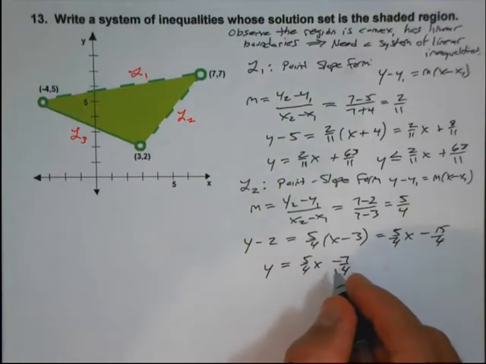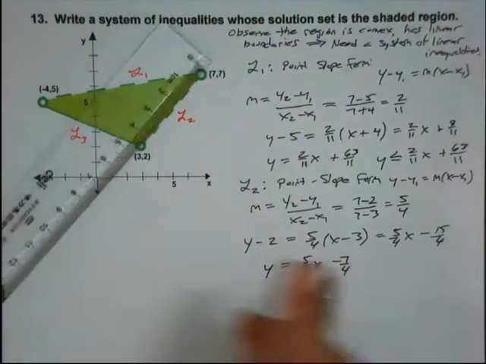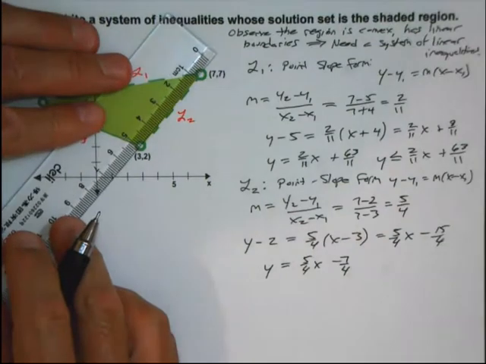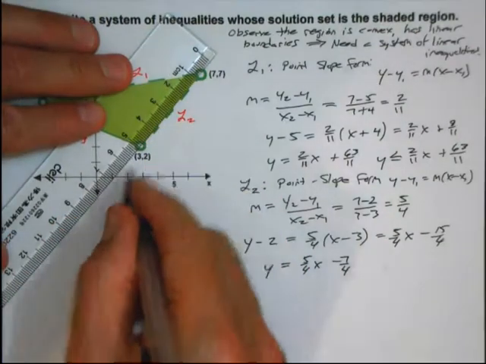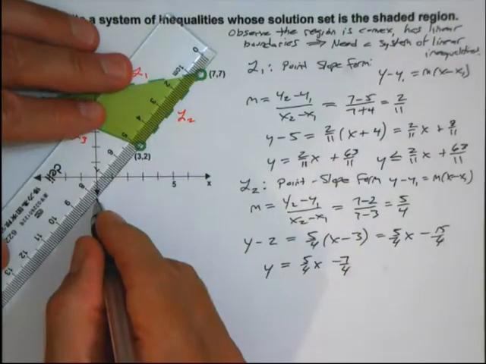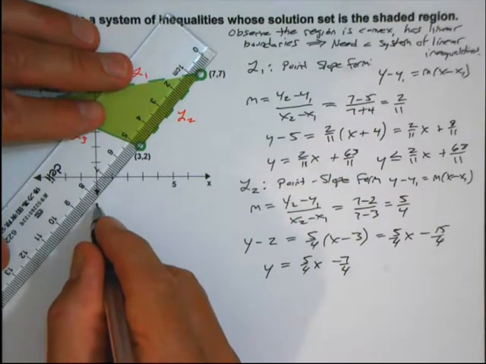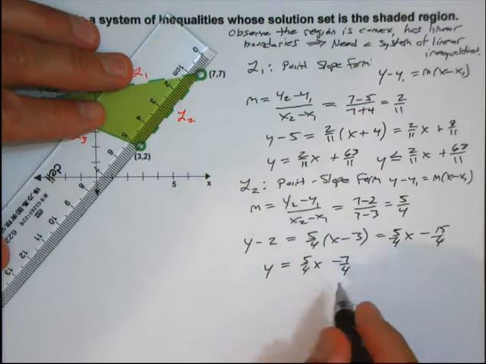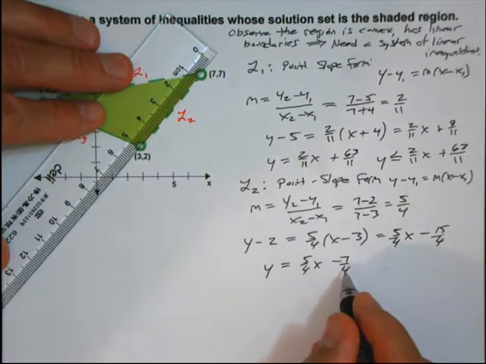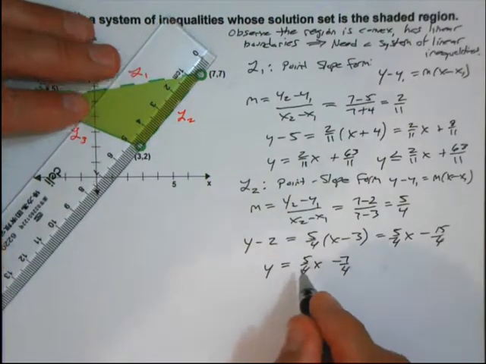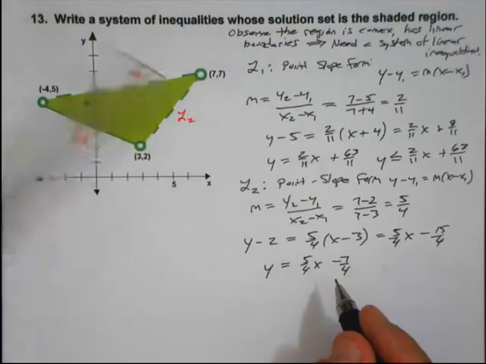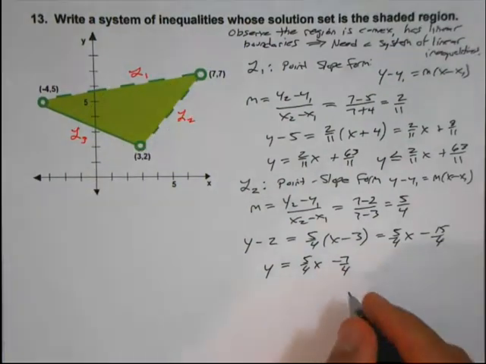Negative 7/4. Let's imagine we expanded this L sub 2 line out here. It crosses the y-intercept down here. Looks like it's more negative than negative 1, but not much more. And at negative 7/4, we're at negative 1.75. Okay, we seem to have consistency here. We wanted to keep going.